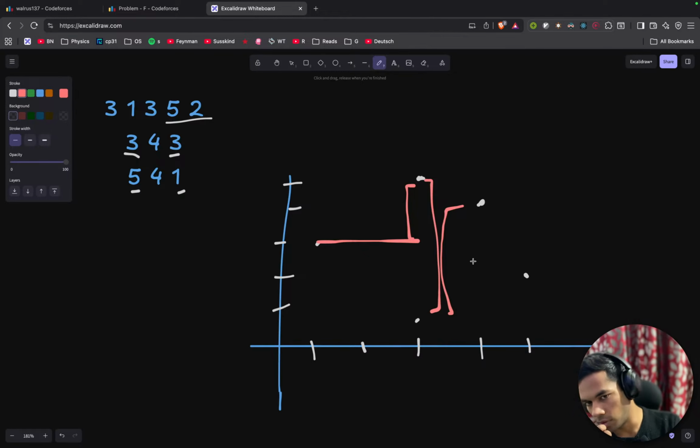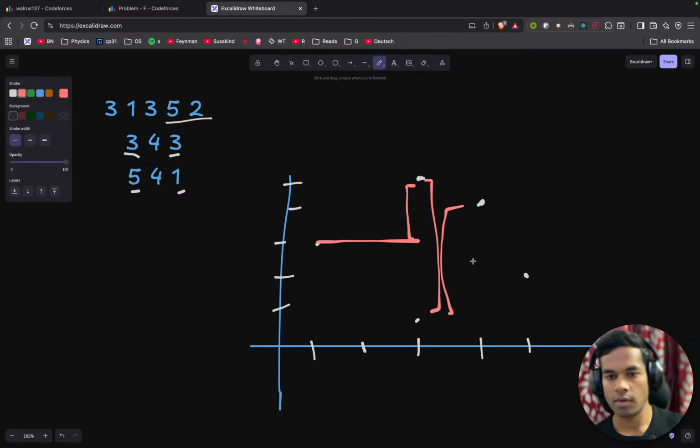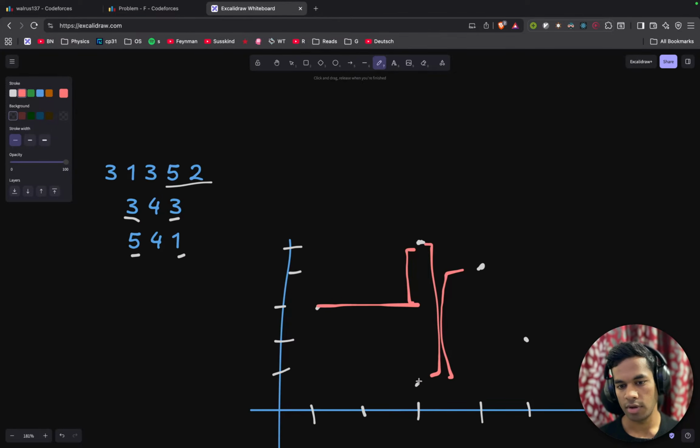The mistake that we are making is, when we are going from this point either to this or this, we are not considering where we have to go next. Yes, we are just greedily moving forward, which is not good.